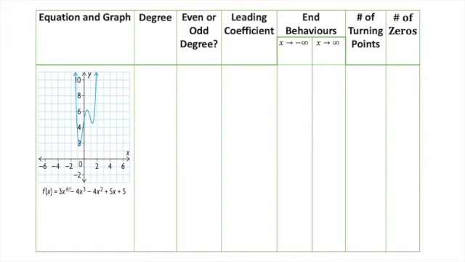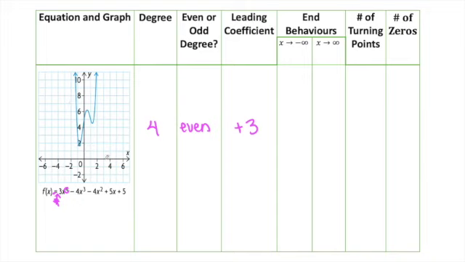Okay, so again, equation and your graph and your degree. So looking at your equation, it is degree 4, or you should be able to see it's going to be an even degree from your graph because both the end behaviors are the same. Leading coefficient is a +3. It is positive because both your end behaviors are pointing up as well. As x approaches negative infinity, y approaches positive infinity.